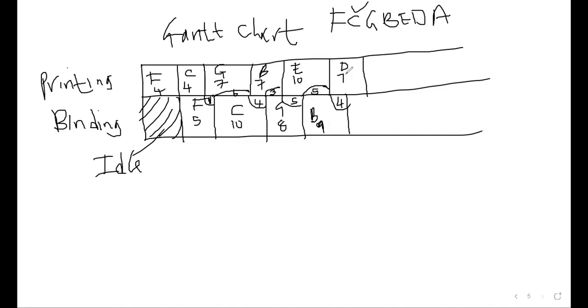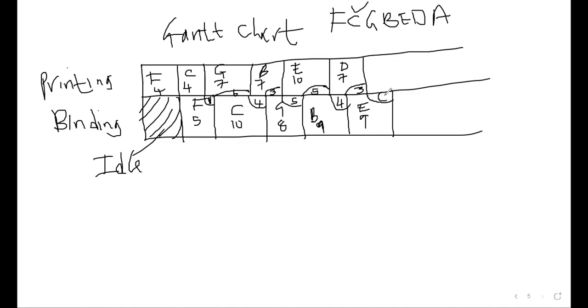So meaning that it would have taken 3 hours longer. By the time they're finishing printing D, the people in the department for binding would have started binding E. Binding E is taking 9, so meaning that this would have taken 6 hours longer.